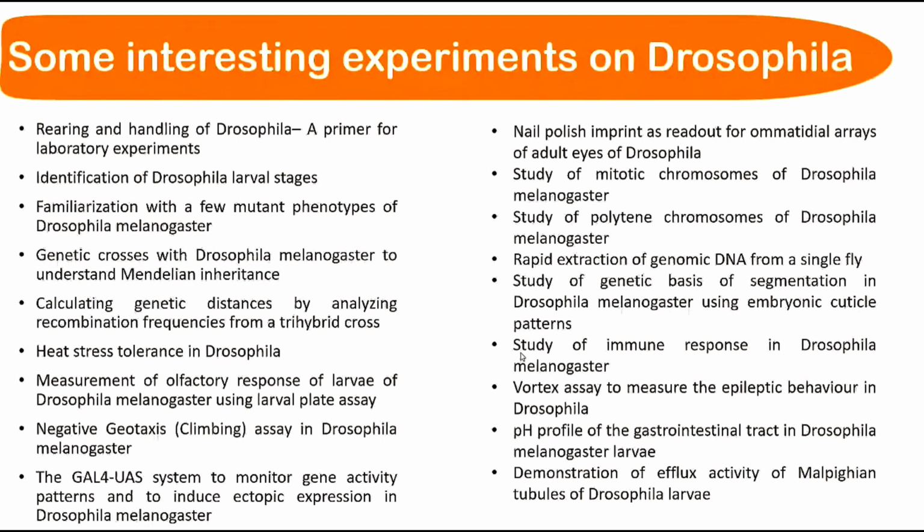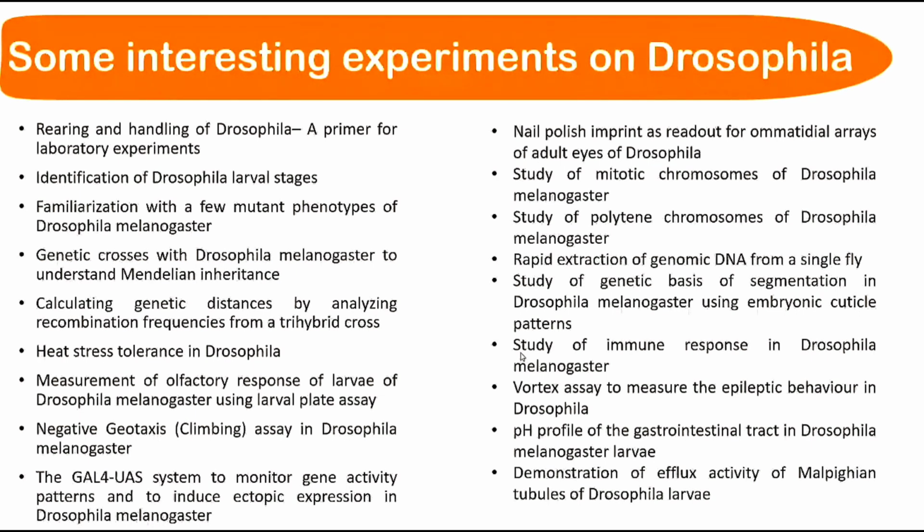These are the two experiments that we perform every now and then, the mitotic chromosomes and the polytene chromosomes from Drosophila. Now established protocols are there to extract genomic DNA from a single fly. You don't need to have a lot of flies and put them in liquid nitrogen and crush them, you can also take out DNA from a single fly. Rapid extraction methods are there.